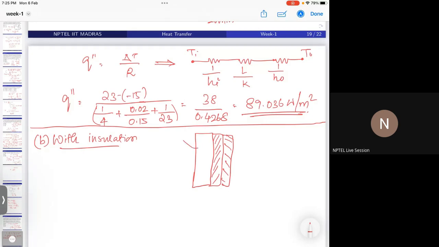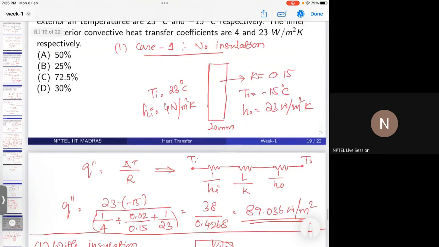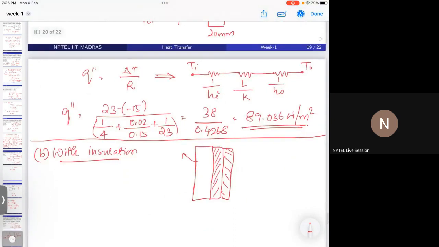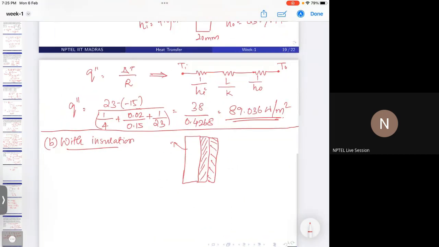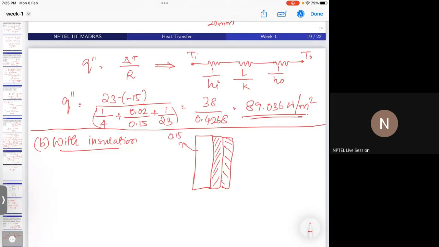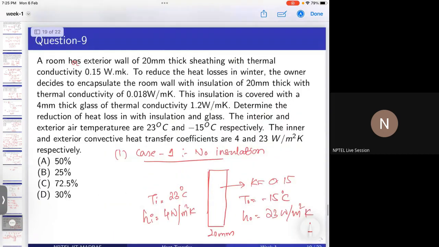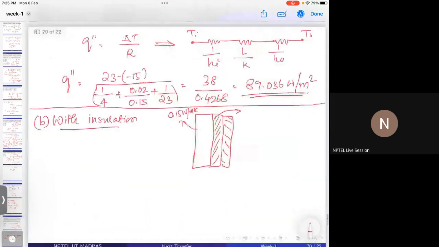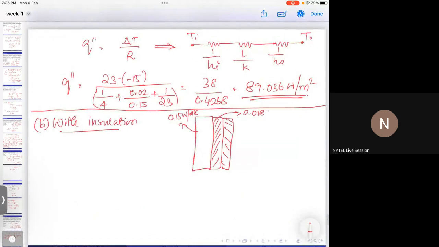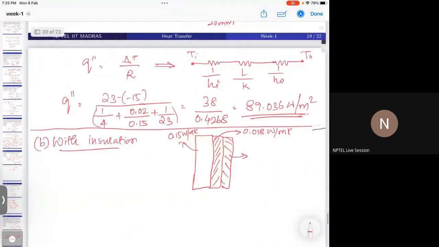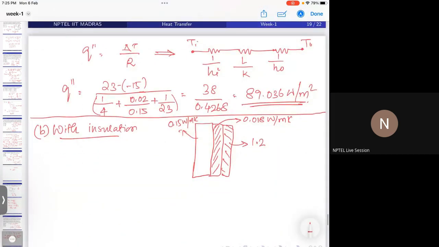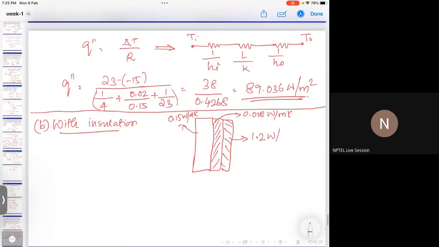So this K is given as 0.15. The insulation K is given as 0.018 watt per meter Kelvin, and the glass is given as 1.2 watt per meter Kelvin.